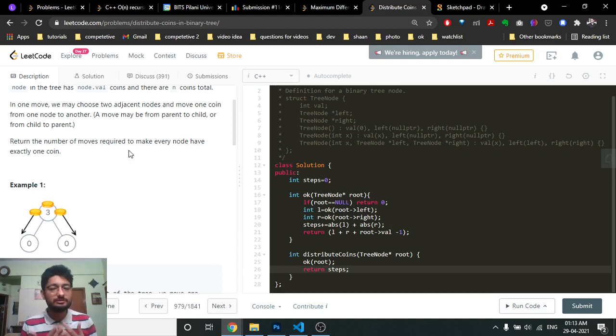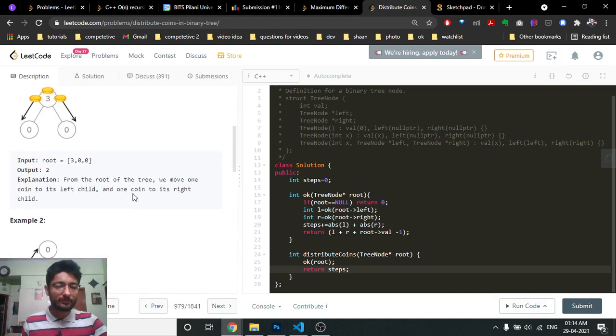How many moves then do you have to do to place 1 coin here? If it sends -1, it actually means that I have to use one operation to send 1 coin here. And also if this node sends +1, or -1, which means that I do not have any coin, so 1 move is also required to send 1 coin here.